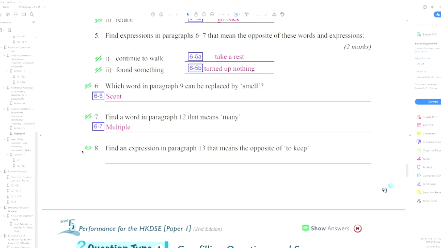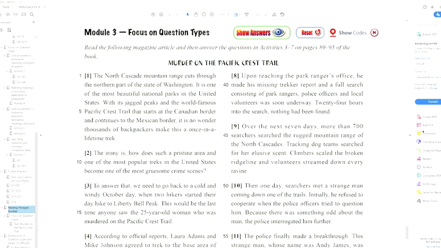Find an expression in paragraph 13 that is the opposite of to keep. So here this one is different, very different. An expression, a few words that means the opposite. I would also highlight this one because this is different than the previous questions. To keep. In line 67.